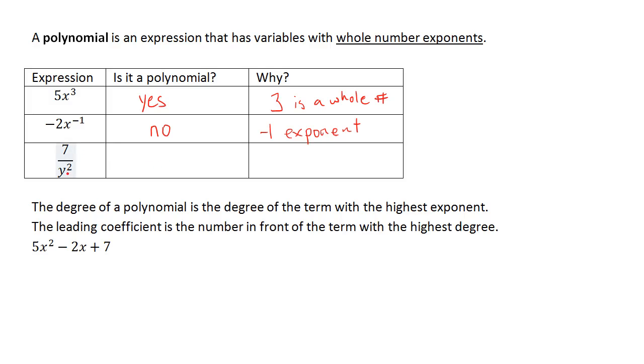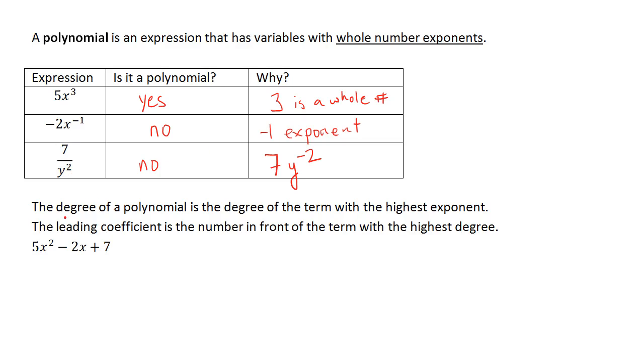At first glance, this one looks like it's probably a polynomial because y is squared, to the power of positive 2, but it's in the denominator. So no, this is actually not a polynomial, because this is the exact same thing as saying 7y to the power of negative 2. A negative exponent means it's actually on the bottom.